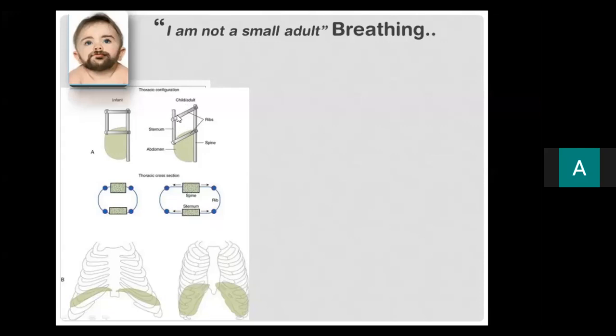This movement is called a bucket handle movement. This bucket handle creates an extra space. This image shows a cross section. So when an older child or an adult breathes in, they can create space and increase their lung capacity, as opposed to an infant for whom this is already fixed.